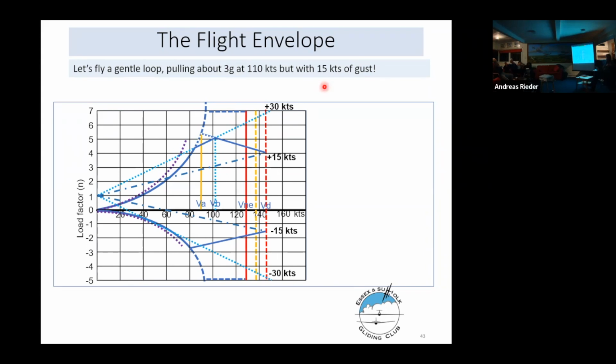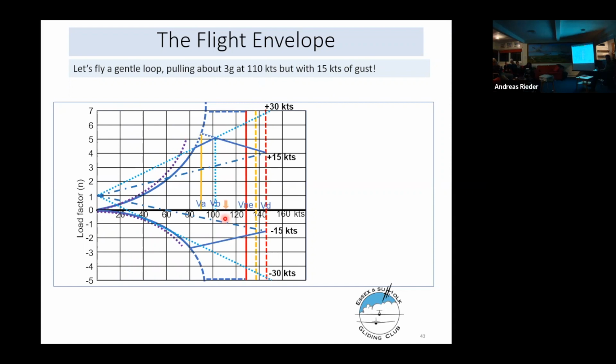On a nice thermic day, you might get 10 knots of lift, which could be close to 15-knot gusts. But anyway, let's assume that it is a thermic day and where we decide to do a gentle loop in our notional aircraft at 110 knots. 110 knots is about here on this graph.